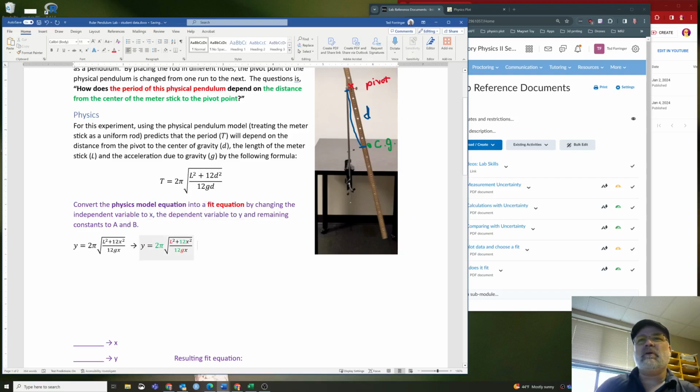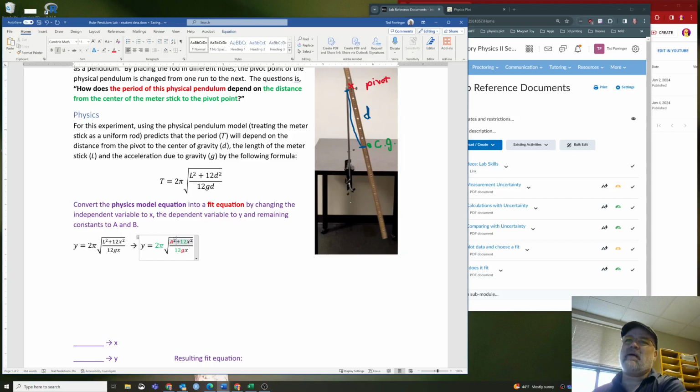So here L is an inexact value, and L squared is also an inexact value. So I actually have a choice. I could just change L into A, so then instead of L squared, we have A squared.